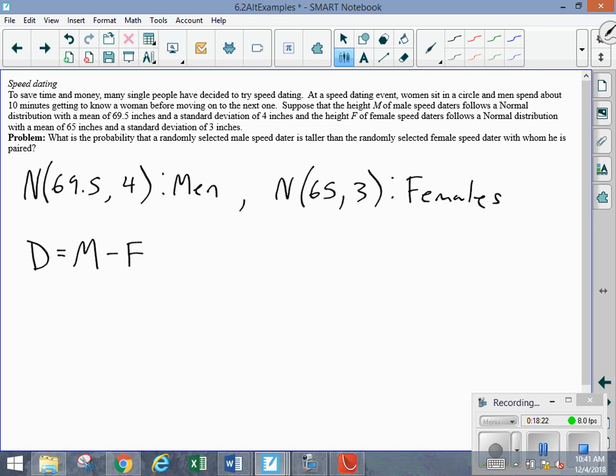Which means the mean of D is going to be the mean of M minus the mean of F, and then, rather than the standard deviation, you're going to have to go with the variance of D, which is going to be the variance of M minus the variance of F.